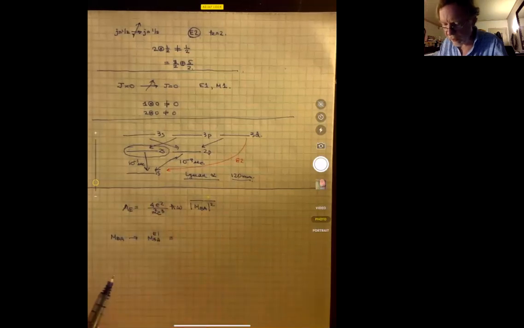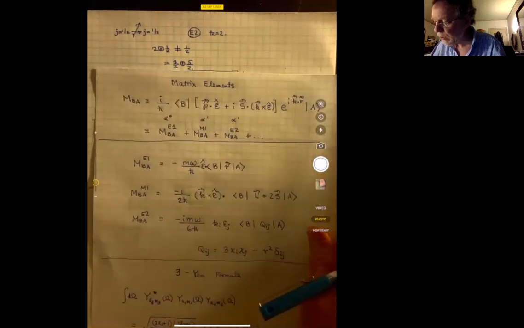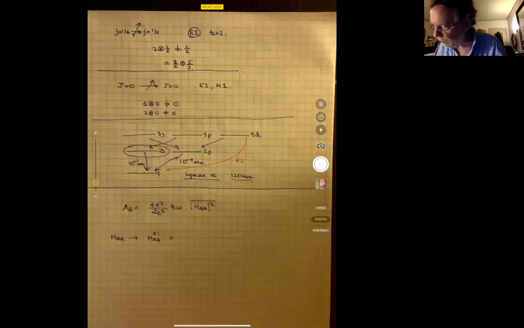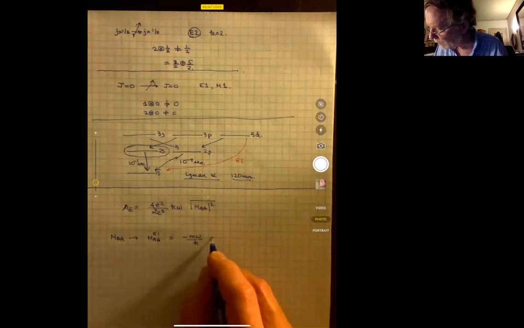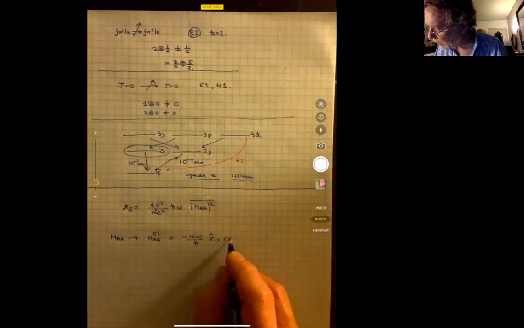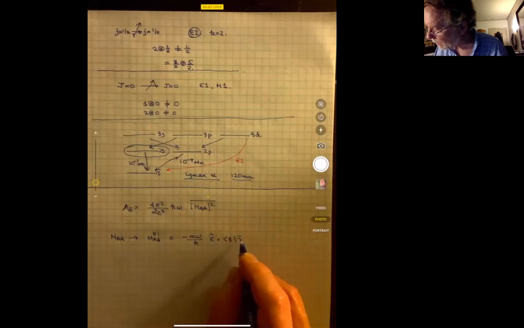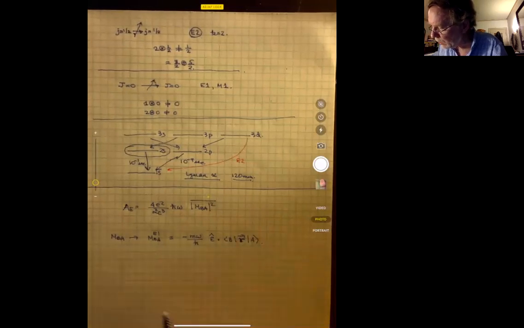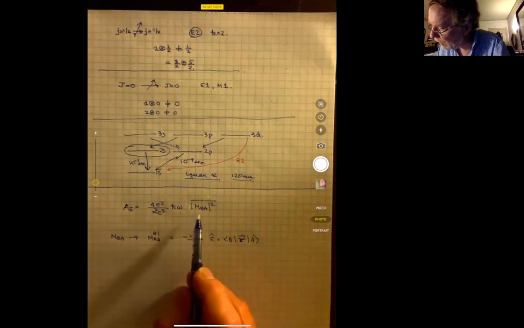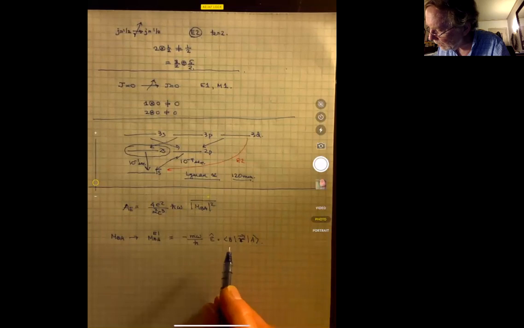That's equal to, if I use my other summary sheet over here, minus m omega over h bar times epsilon hat dotted into the matrix elements of the position operator, I'll call it R here. Okay. And so let's plug this in. Let's carry out the square, average it, and see what we get. Let's work on that first.